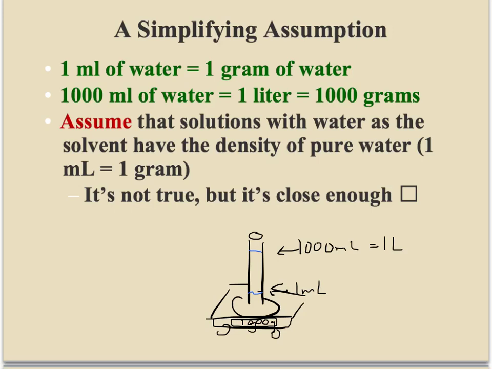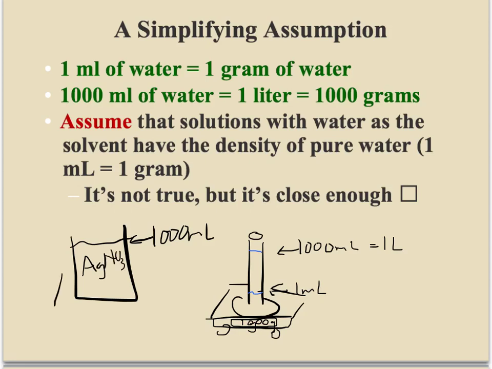And we can assume this for all solutions then as well. So if you have a solution of, let's say, 1,000 milliliters, and we'll say it's silver nitrate, we're going to assume then that silver nitrate solution is going to have the same density of water, which means it would weigh 1,000 grams as well. So that's not really true.